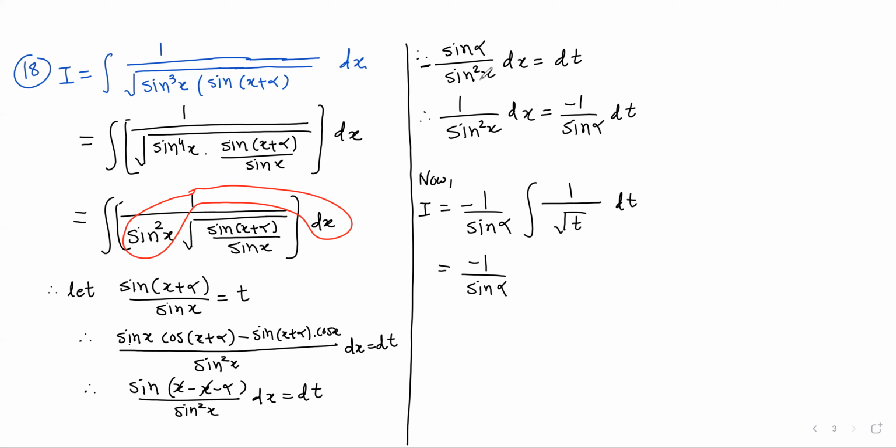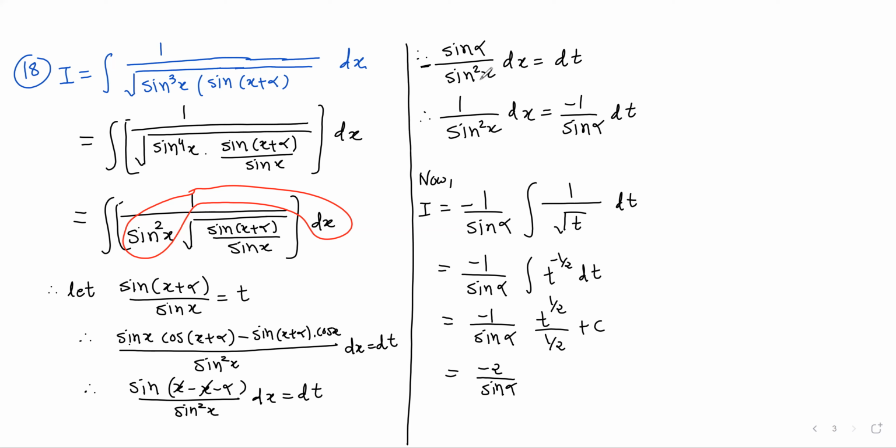Again, root t. So the integration of t raised to minus 1 by 2 dt is equal to minus 1 upon sin alpha, t raised to minus 1 by 2 plus 1, so it becomes 1 by 2. So 1 by 2 upon 1 by 2 plus c. So 2 going to the numerator: minus 2 upon sin alpha times t.